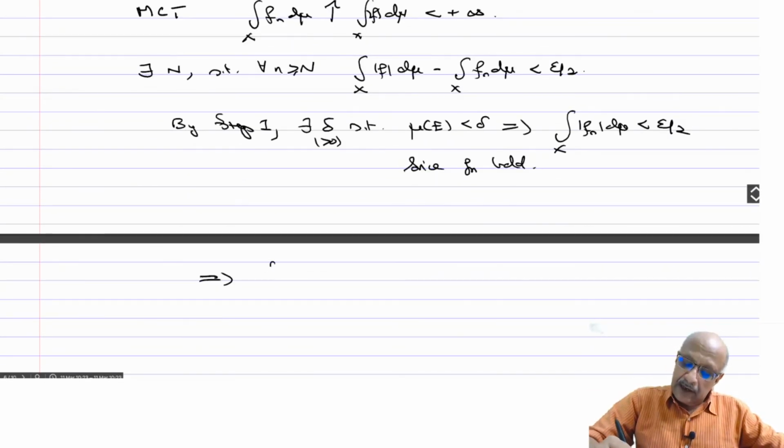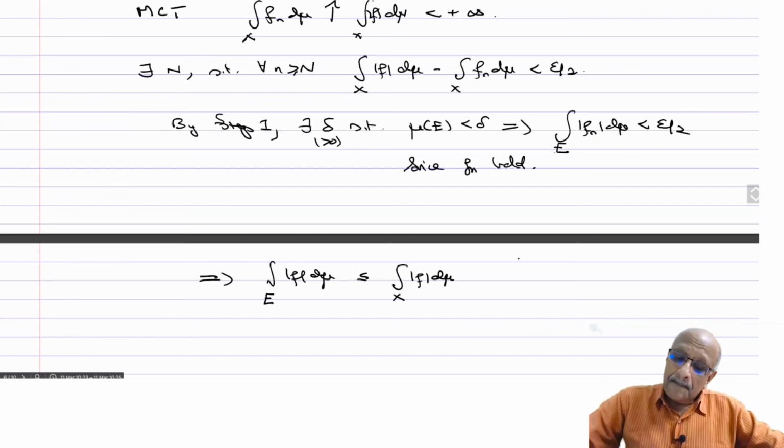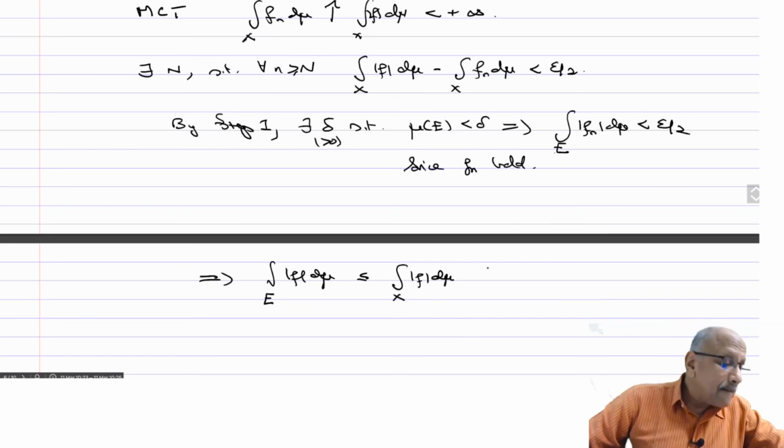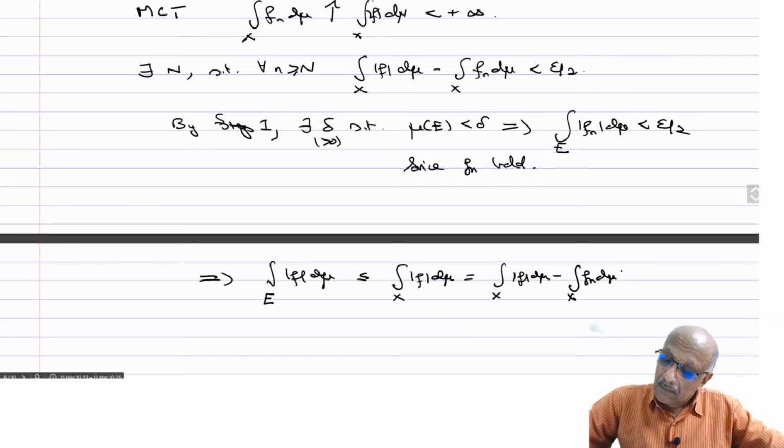So now the integral over E of mod f d mu is less than or equal to the integral over X of mod f d mu minus the integral over X of f_n d mu plus the integral over E of f_n d mu.